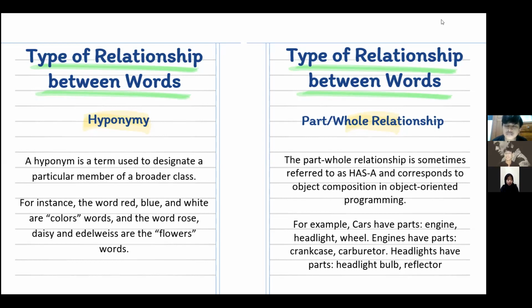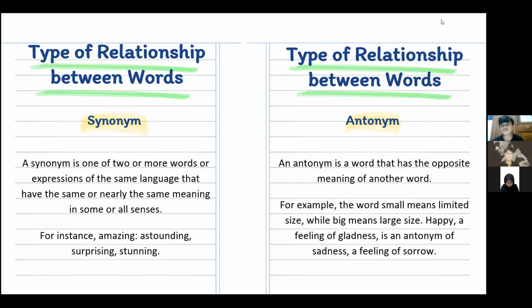And the third one is synonym. What is synonym? Synonym is really familiar in our ear. That is one of two or more words or expressions of the same language that have the same or nearly the same meaning in some or all senses.